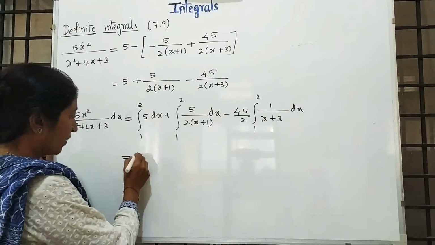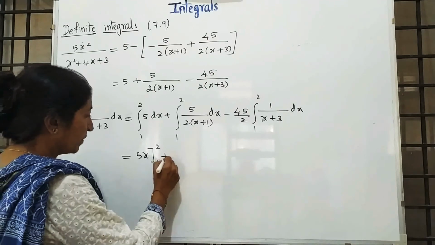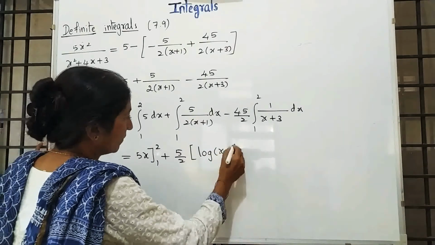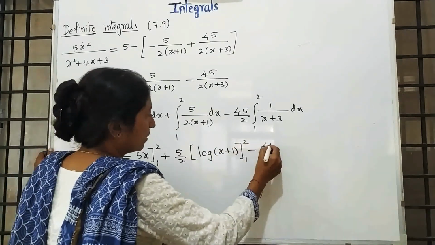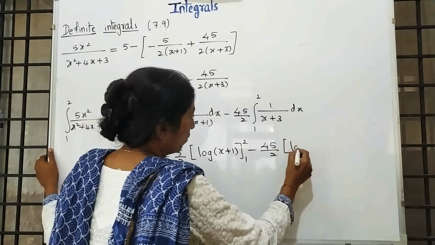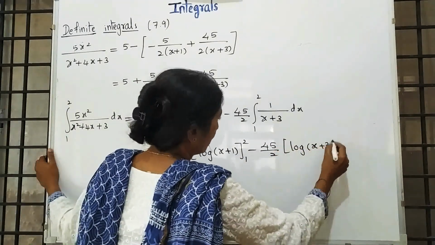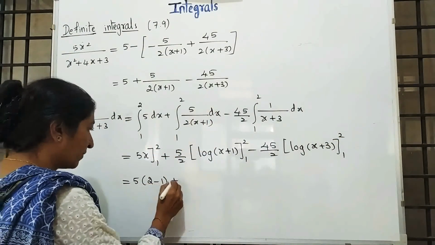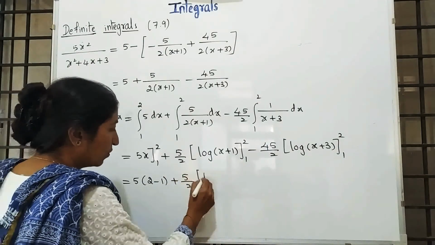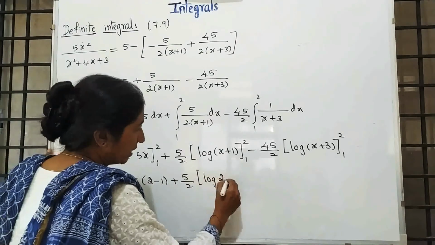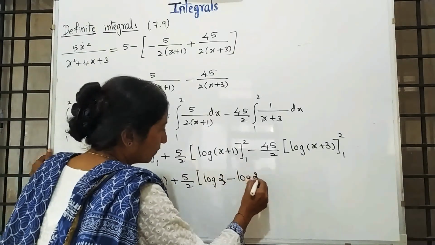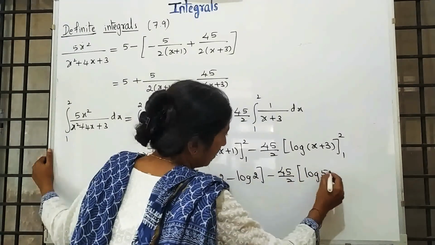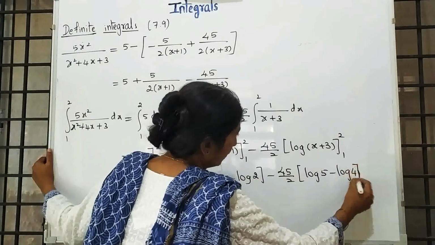This is 5x from 1 to 2, plus 5/2 log(x + 1) from 1 to 2, minus 45/2 log(x + 3) from 1 to 2. 5 outside, upper limit minus lower limit, plus 5/2 log 3 minus log 2, minus 45/2, in the bracket, log 5 minus log 4.